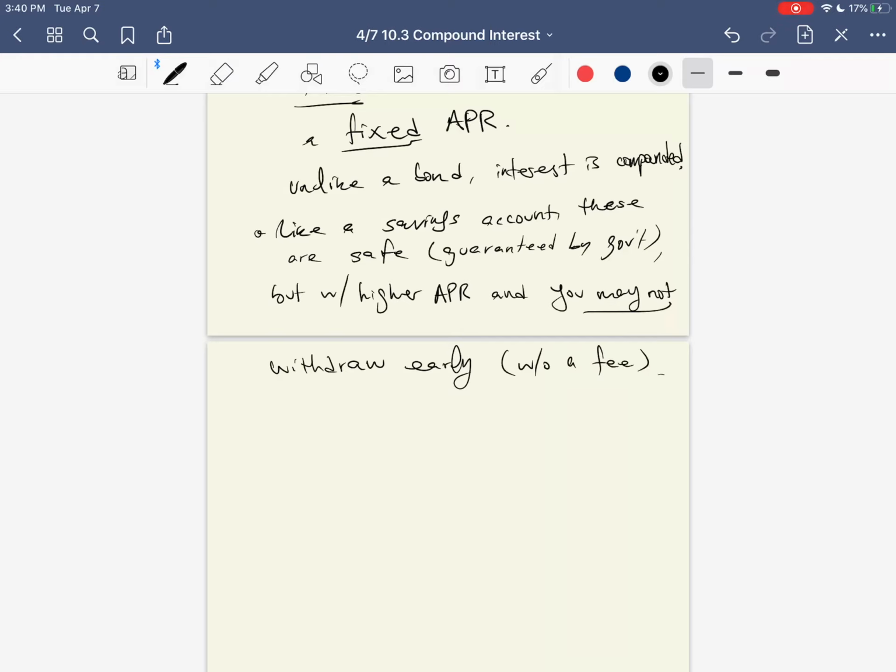Okay. Good. So let's do an example of that, and then we can calculate how much you might make on a CD. So say you invest $1,500 in a CD with an APR of 4.8% compounded annually.